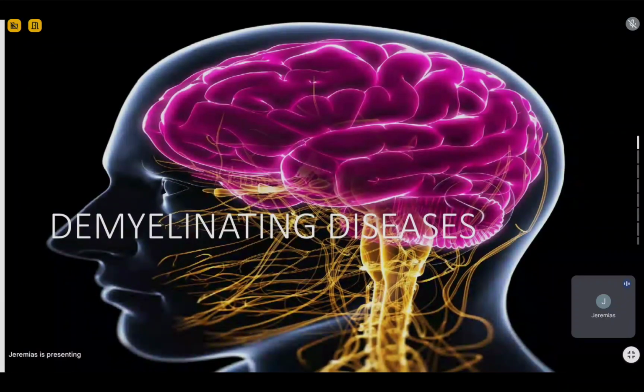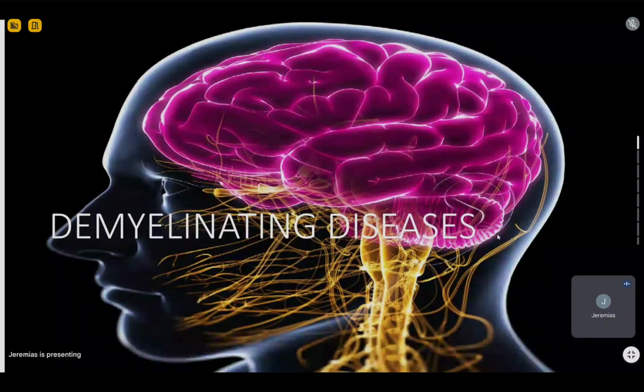So these demyelinating diseases of the CNS, they are acquired conditions characterized by preferential damage to the myelin with relative preservation of axons. So the clinical deficits, at least initially, are due to the effect of myelin loss on the transmission of electrical impulses along axons. Do you remember the function of myelin?